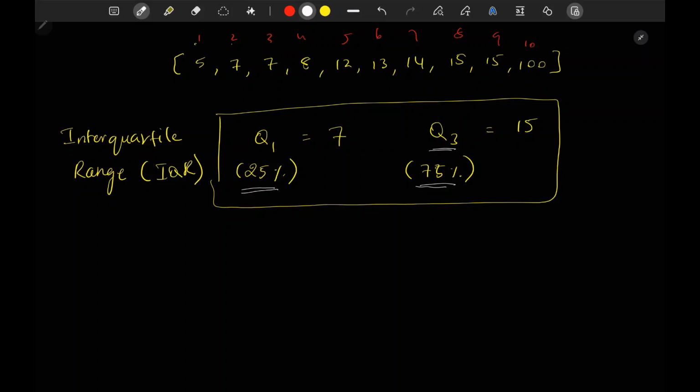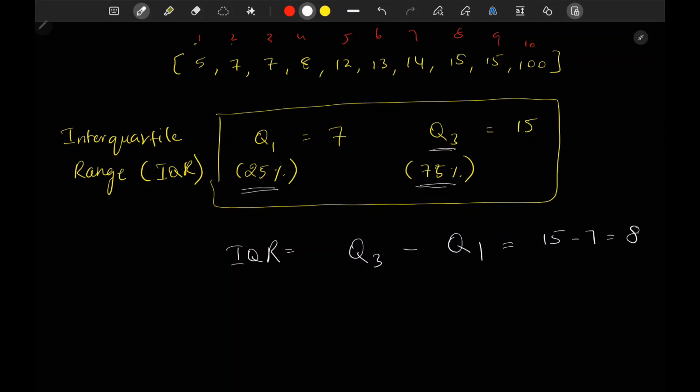To calculate IQR, the formula is Q3 minus Q1. In this case, 15 minus 7, we are going to get 8. So 8 will be the IQR.